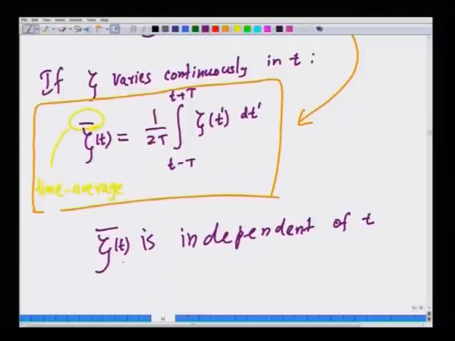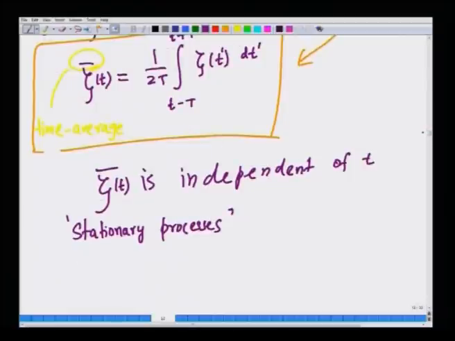Such processes are called stationary processes in turbulent flow literature. The mean itself, the time average itself, is independent of time, so long as you choose the time window capital T large compared to any time scales for turbulent fluctuations.